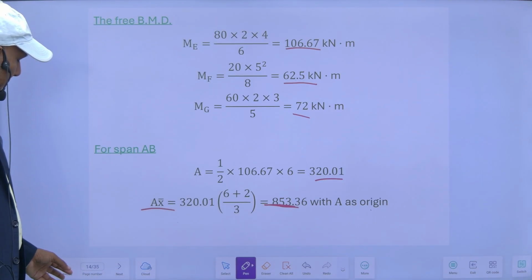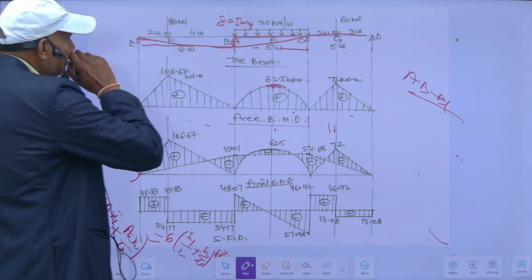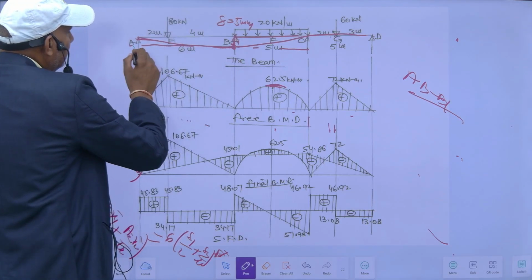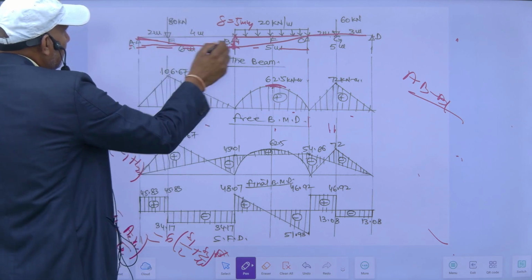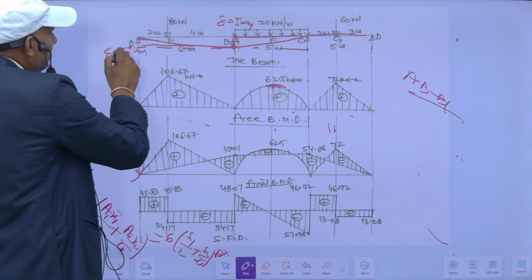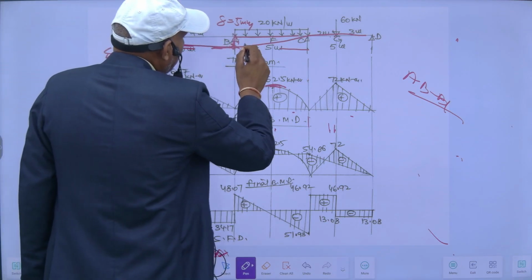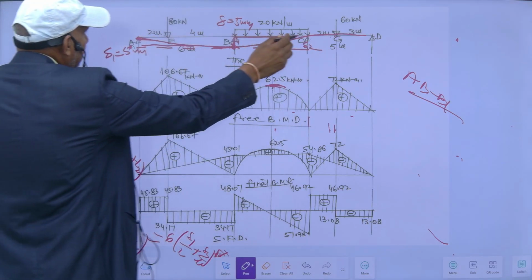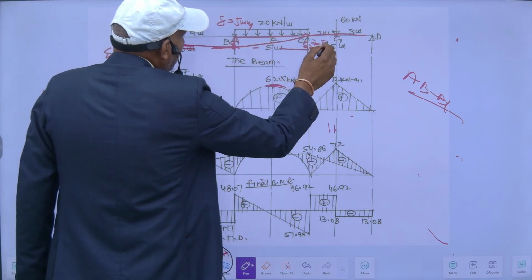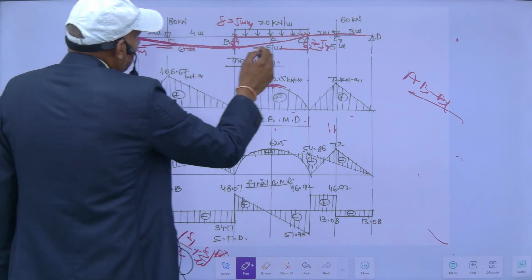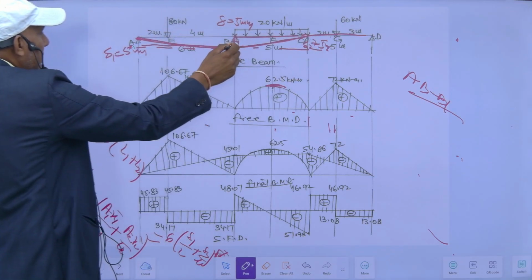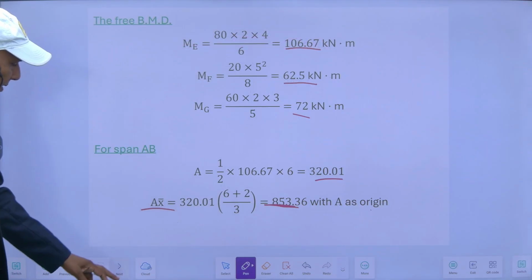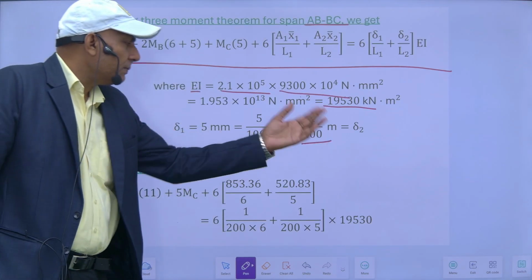As we know, the deflection of this point with respect to this point is delta 1, and the deflection of this point with respect to this point is delta 2. Hence, delta 1 is equal to delta 2 is equal to 5 mm, since both are at the level and there is settlement only on this point.